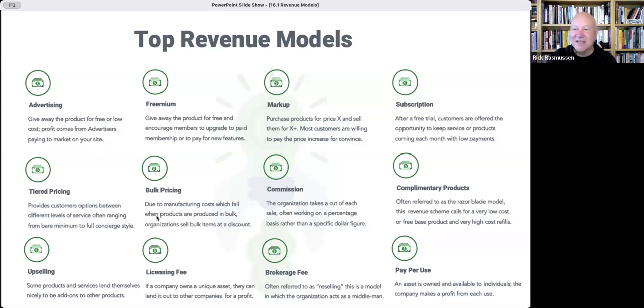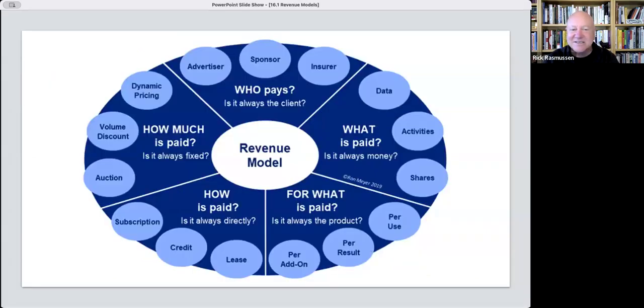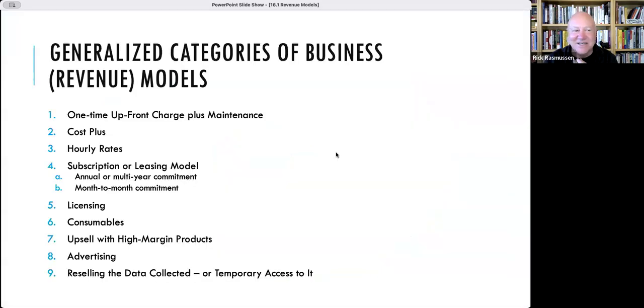You guys are sort of picking these, and the question is why that one? Not just because you think it might work. So teaching revenue models is just nothing but these lists of how it works, how things are paid, who pays, what's paid, all this. Lists after list after list, it drives me nuts.